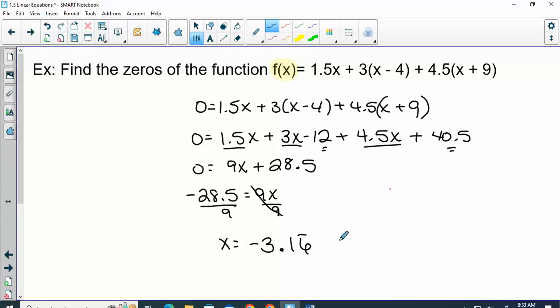Let's go ahead and just change this to a fraction since it's not a nice decimal. So if you hit math number 1, that would be so if I ask for a 0, I'm asking you to set the equation equal to 0 and solve.